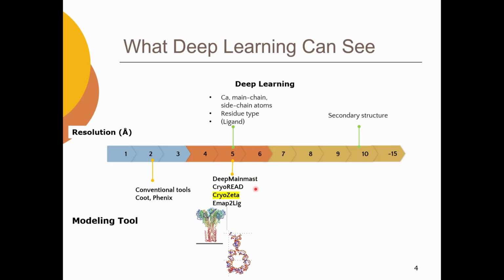Today we skip this earlier work and focus on CryoZeta. We are also working on ligand detection methods, which hopefully we can present next time. And then the DAQ quality assessment score. By using the amino acid detection method, we can also see how well the amino acids in your model are supported by local density patterns.